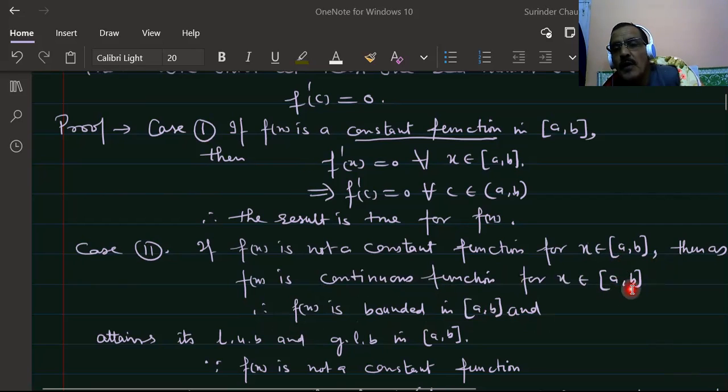We are dealing with a real valued function, and between a and b we have an infinite number of real numbers, with a and b also included in this interval. So the function will take the images of all the values belonging to the closed interval. Therefore f(x) is bounded.